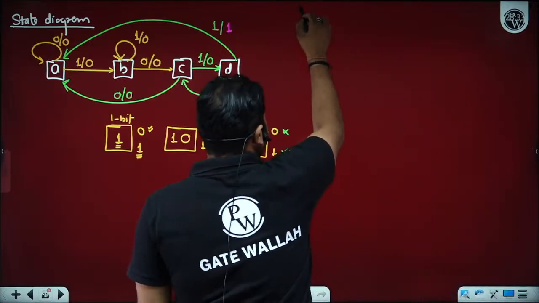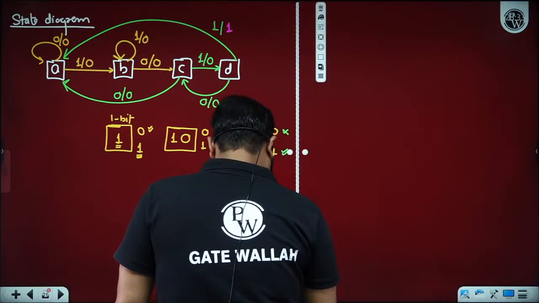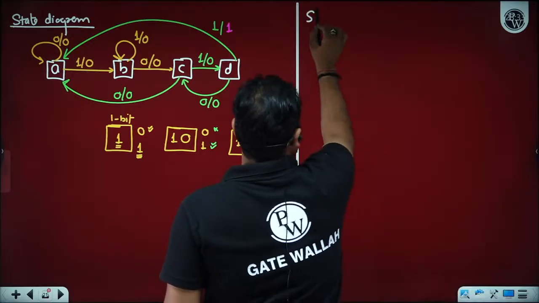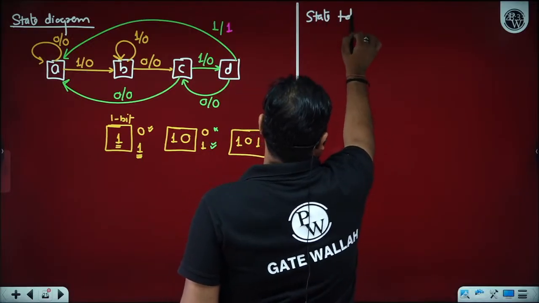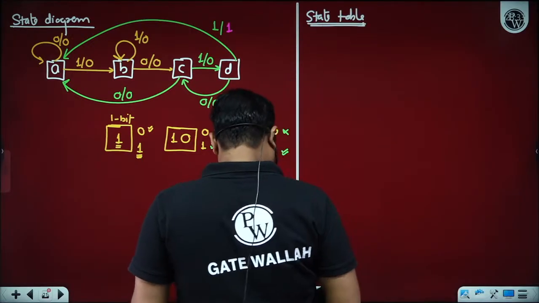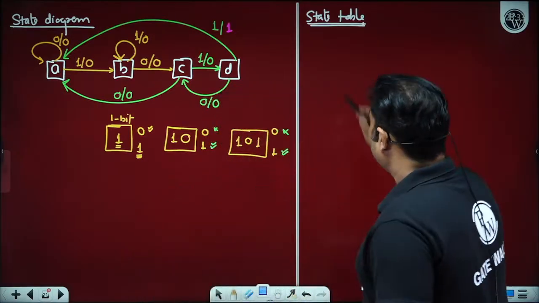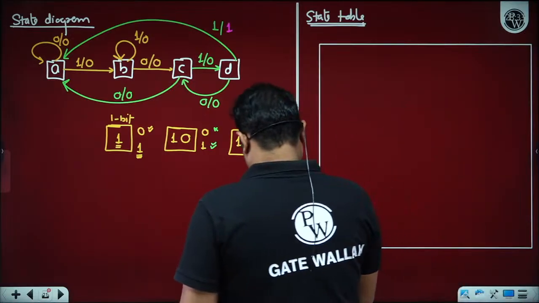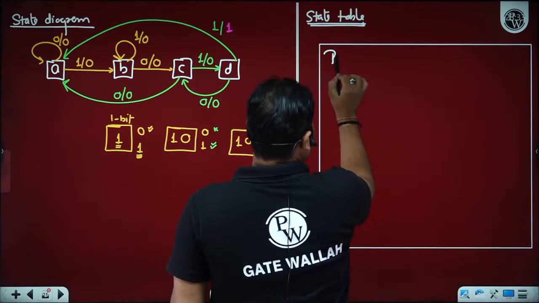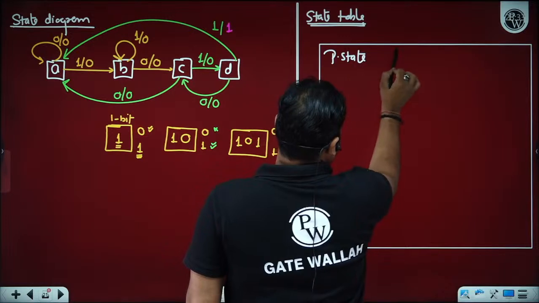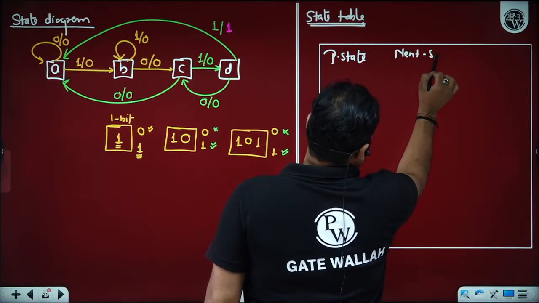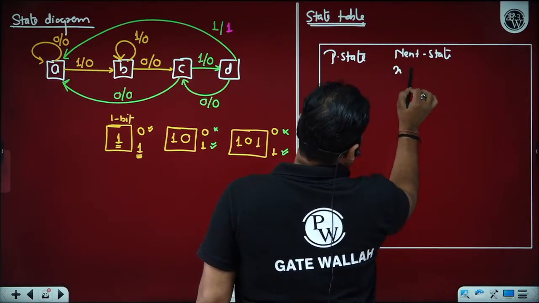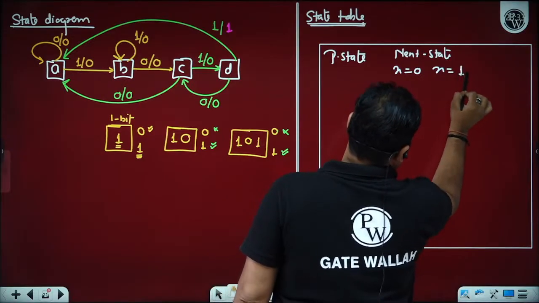Next is to construct your state table. In a state table, we have present state, next state. Since we have only one input x, there are two possibilities: x equals 0 or 1.